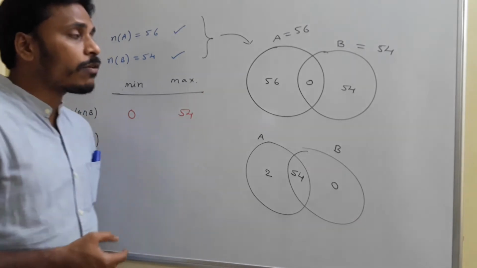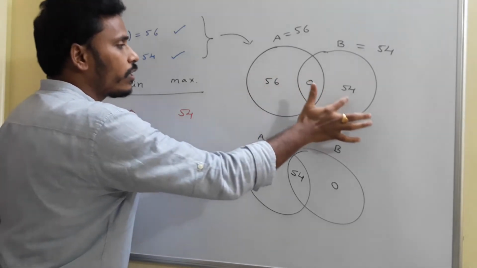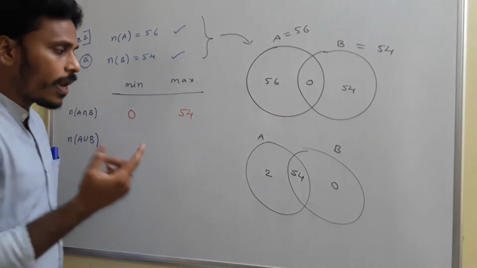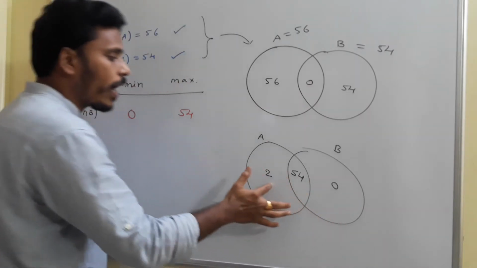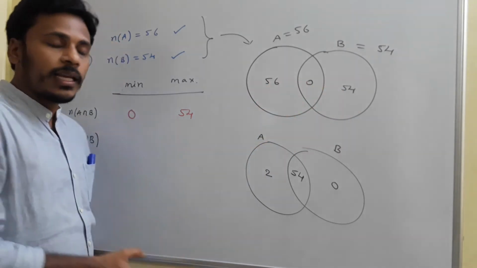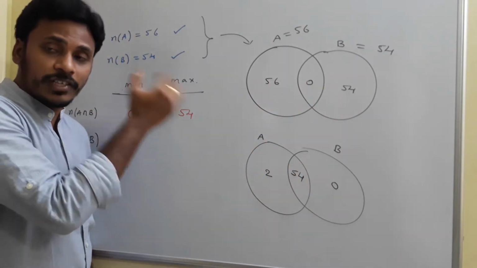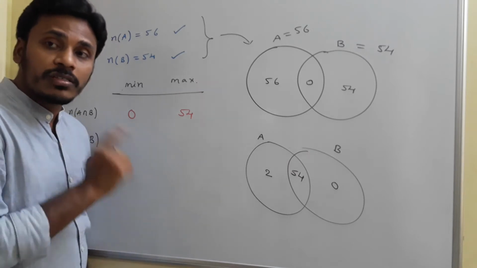For the first diagram, if you find n of A union B, you need to add these three. If you add these three, your answer is 110. Whereas if you add these three, your value is 56. So here n of A union B is 110. Here n of A union B is 56. The question is not about the first diagram. The question is not about the second diagram.